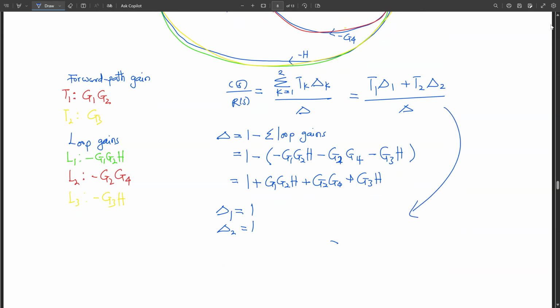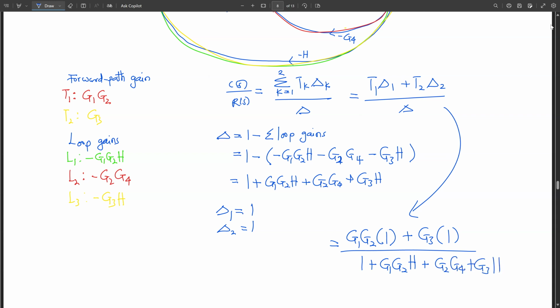So you can see that our T1 is what we found here, G1, G2 multiplied by 1, plus T2 is just G3 multiplied by delta 2, which is just 1, all over delta, which is what we found here. So 1 plus G1, G2, H plus G2, G4 plus G3, H.